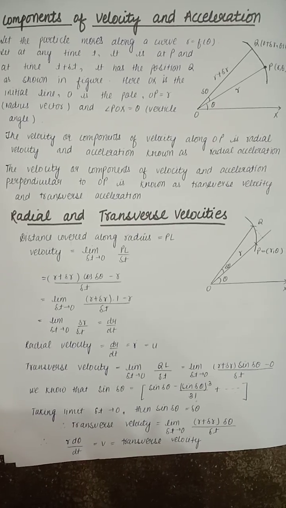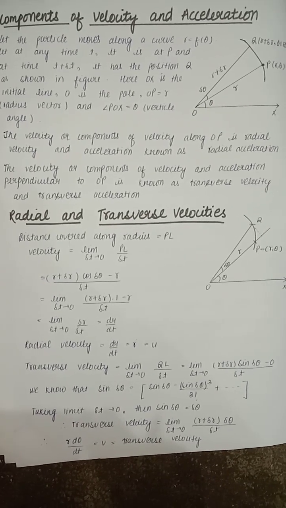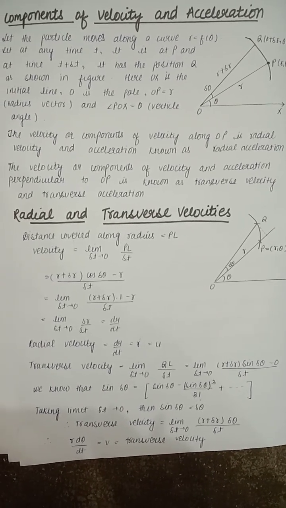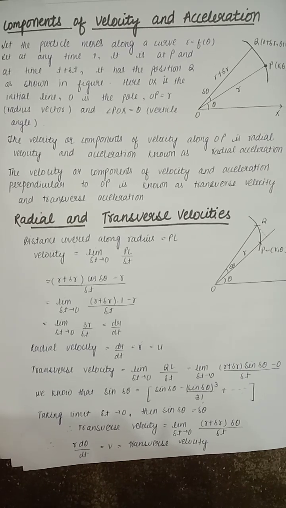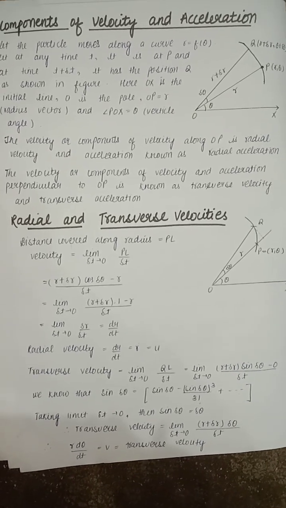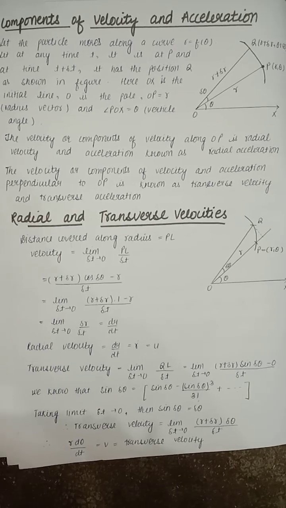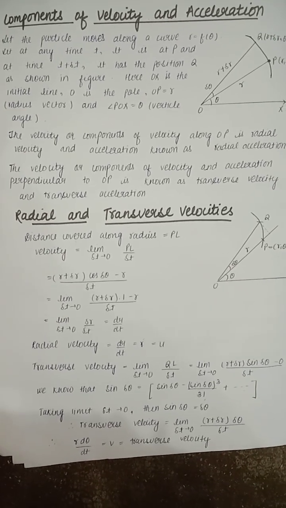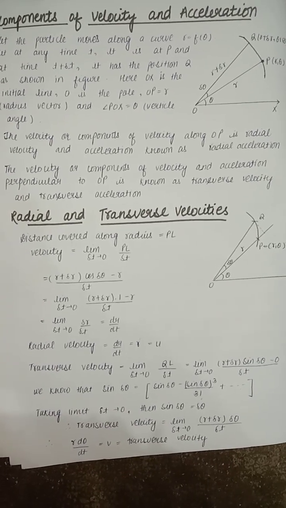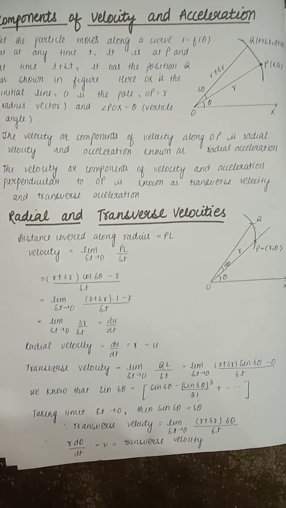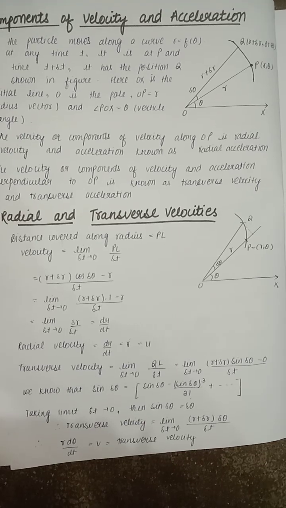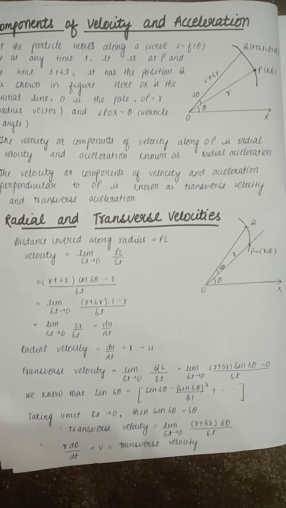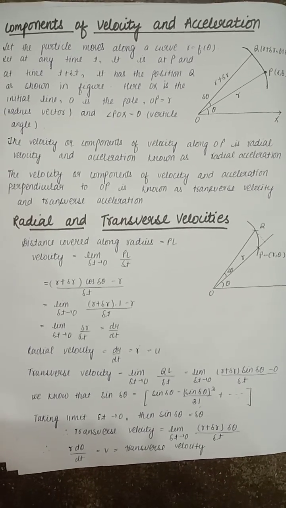Radial and transverse velocities. Distance covered along the radius is equal to PL. Velocity is equal to the limit as del t tends to 0 of PL upon del t, which is equal to the limit of (r plus del r) cos del theta minus r upon del t, which is equal to dr by dt. Radial velocity is equal to dr by dt, which is equal to r dot, which is equal to u.